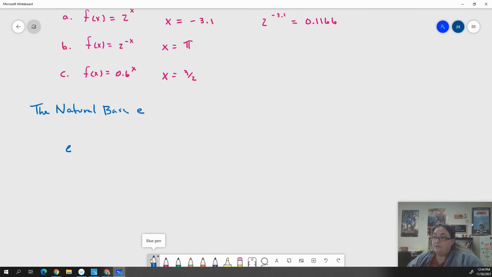It's symbolized by a lowercase e, and it's equal to 2.718 blah blah blah forever and ever. It's kind of like pi, it goes on forever. But its general position, like pi is 3.14, the natural base e is about 2.718. I can't remember all the other numbers.